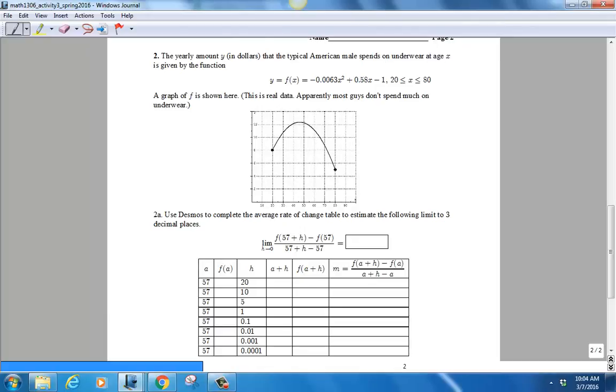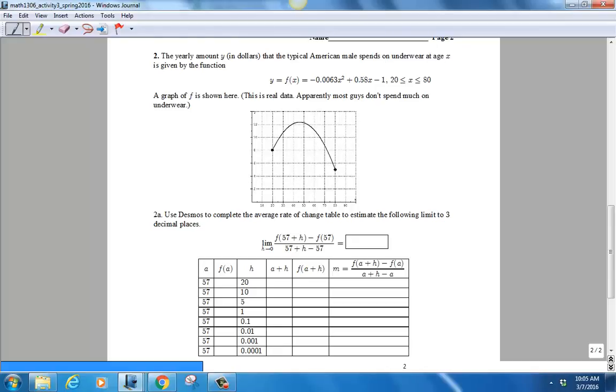So we were joking last time that guys just don't spend that much on underwear, apparently. Okay, all right. But at any rate, that amount changes over time, as they get older, and so there's actually a graph of that function.